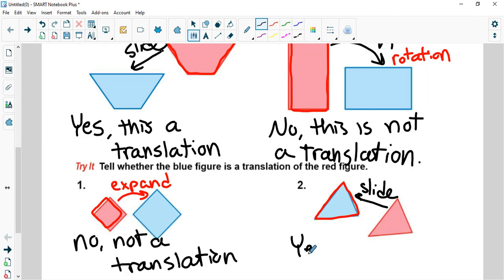So yes, it is a translation. So that's our first portion. We are just looking at whether or not it is a translation.